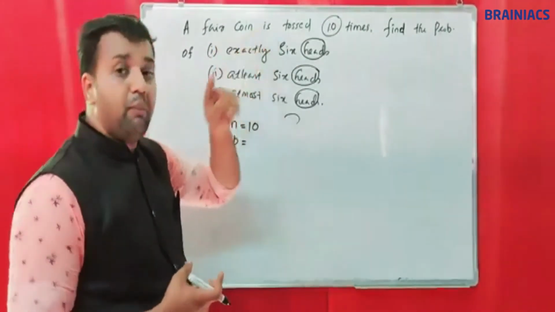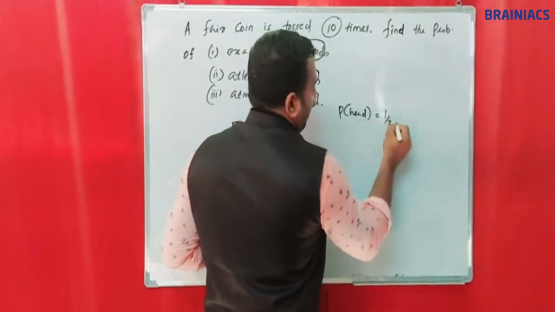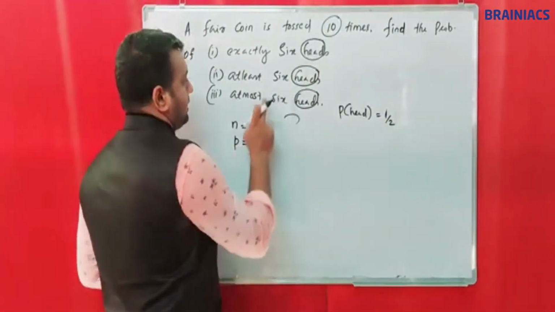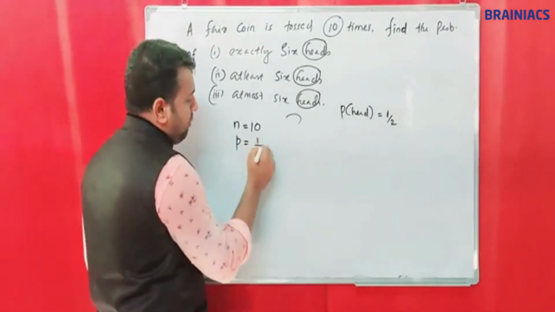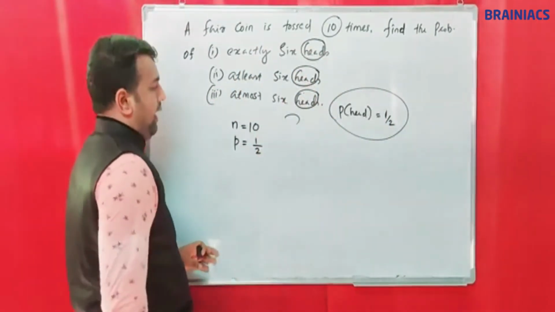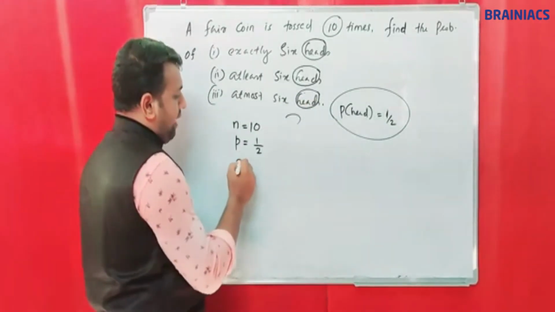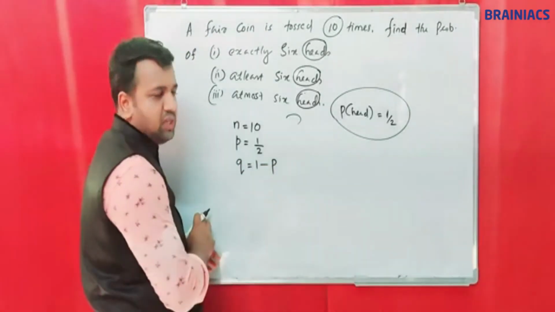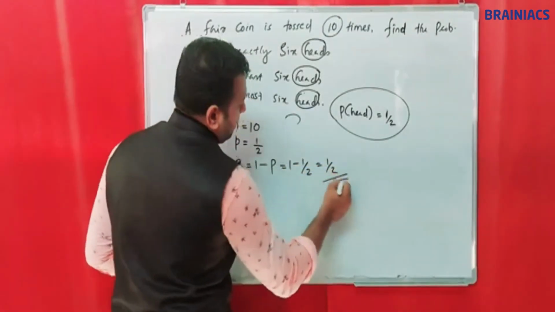The probability of head is 1 by 2, and the probability of tail is also 1 by 2. So we can take the probability of success, that means small p, as 1 by 2, that is p of head. Head is the favorable outcome here, and we can find q by the equation 1 minus p, and 1 minus 1 by 2 is equal to 1 by 2.